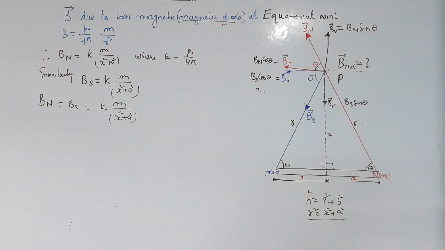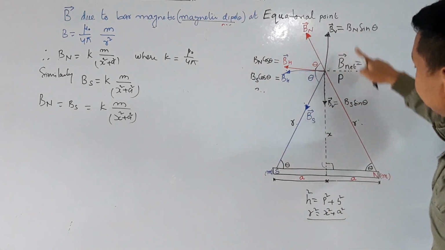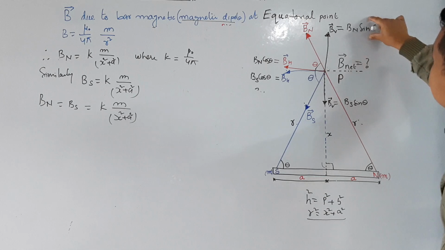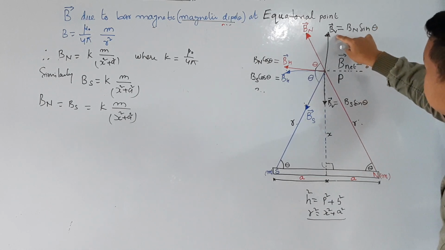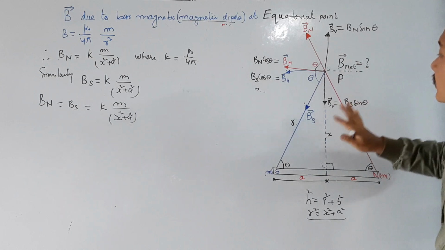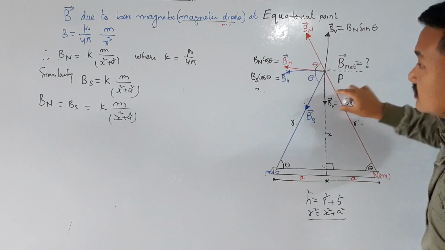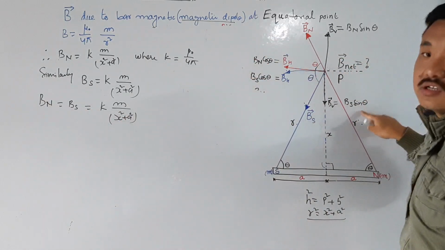So they are same. It means that this Bn and Bs are same, and there is sin theta and sin theta. So they become equal. This Bn and this Bs are equal, and if this is sin theta, this is also sin theta.